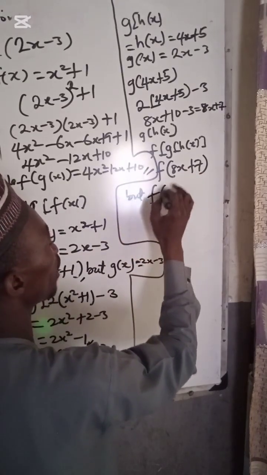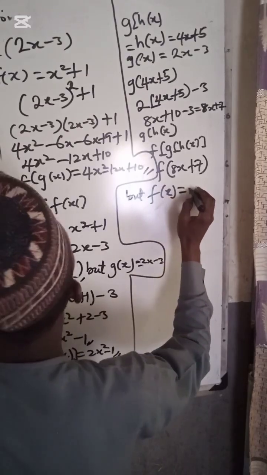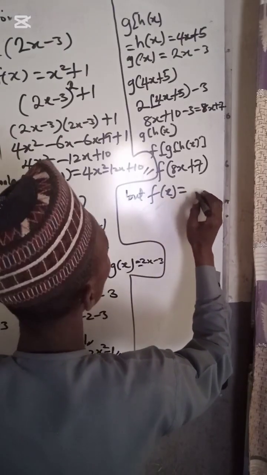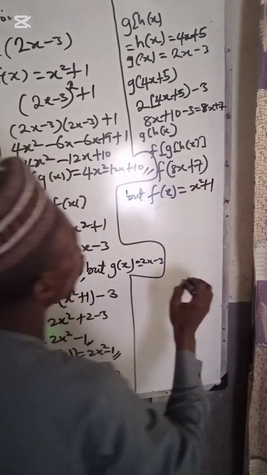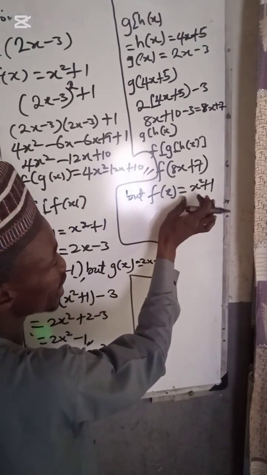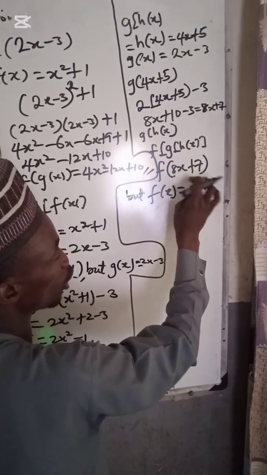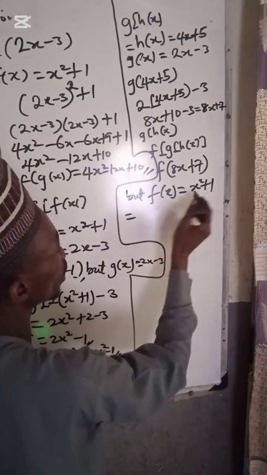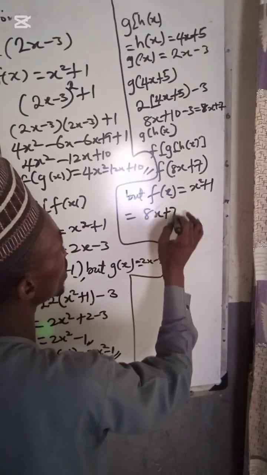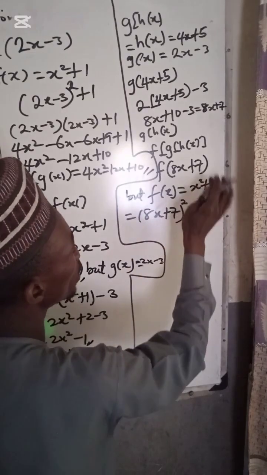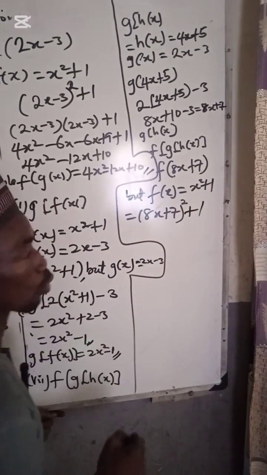But f of x is x squared plus 1. So we now have 8x plus 7, everything squared, then plus 1.